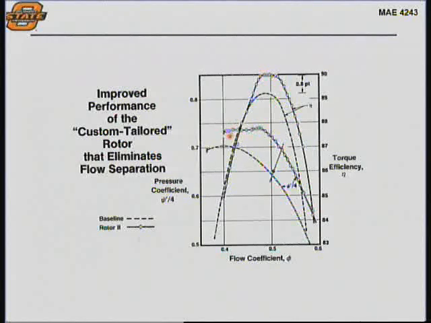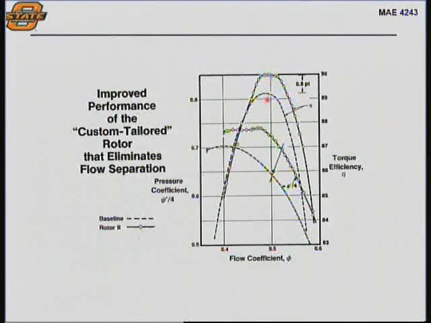And you can see I've increased the pressure coefficient over the whole range. So I'm doing a much better job at compressing the air with this airfoil design, and I'm getting much larger efficiency. And you say much larger, 0.8 percentage points.